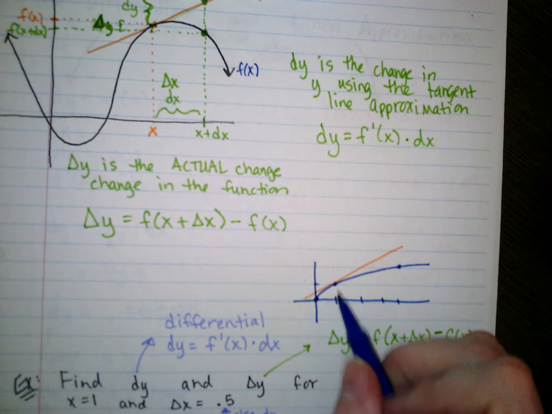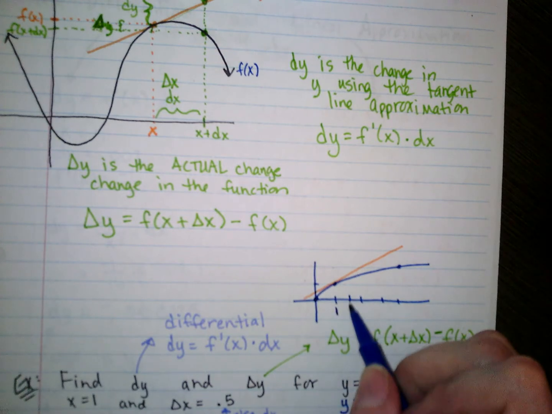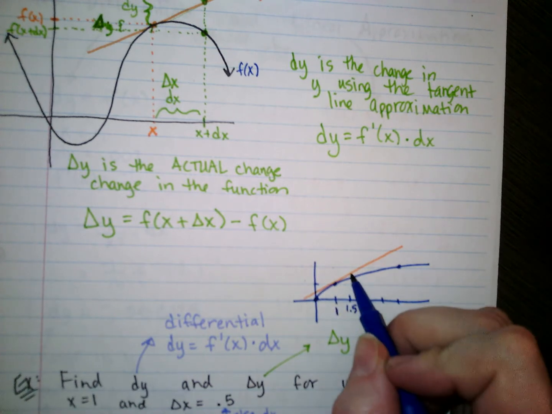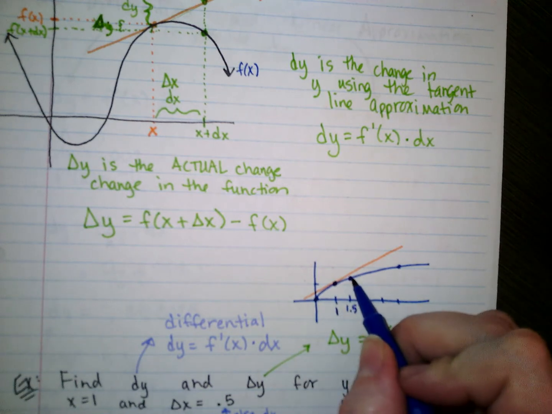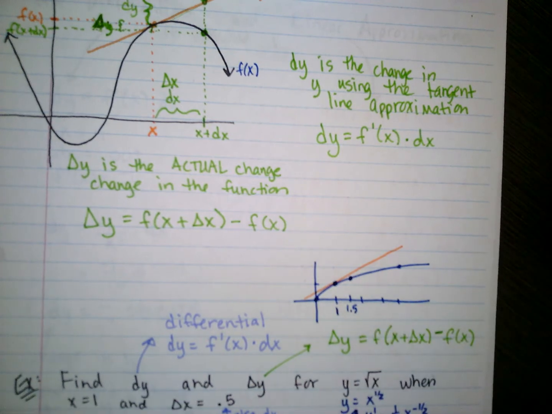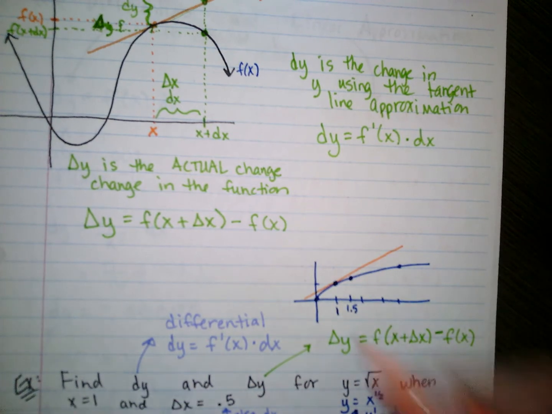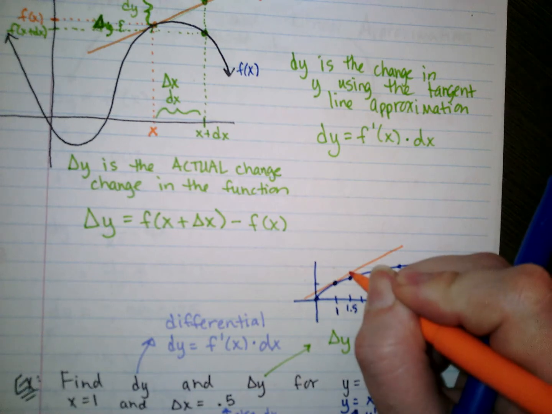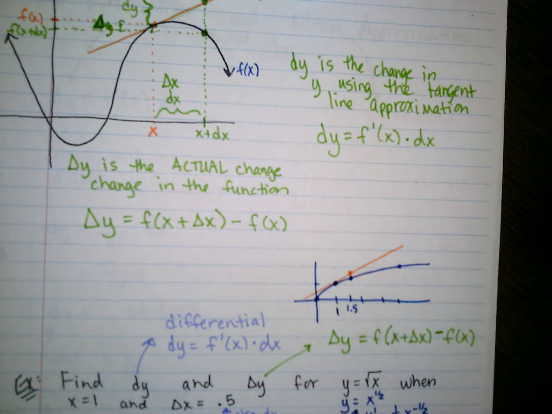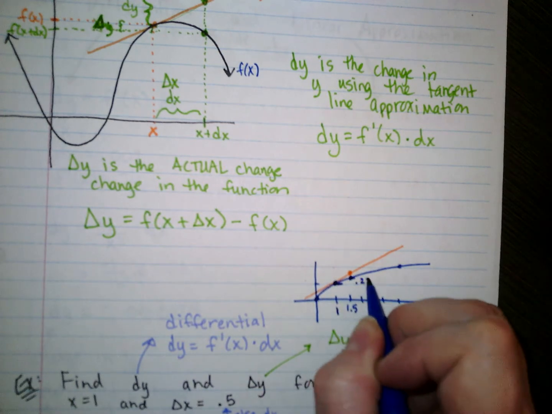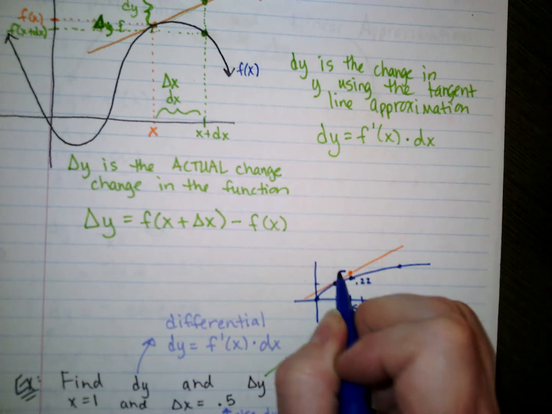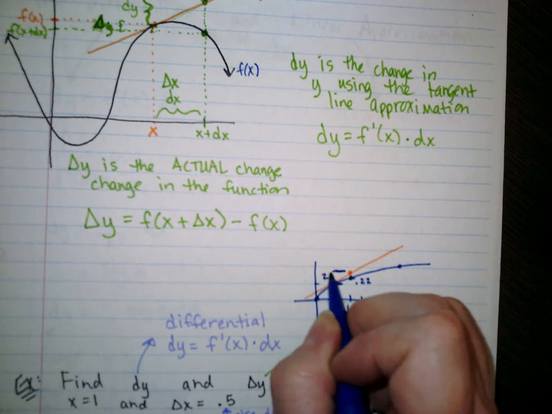So as I'm moving from x equals 1 to x equals 1.5, here is the point on my graph. So the difference in height here is delta y, which is 0.22, whereas on the tangent line, the difference in height is higher at 0.25. So from this level to this level would be the 0.22. From this level to this level would be the 0.25.